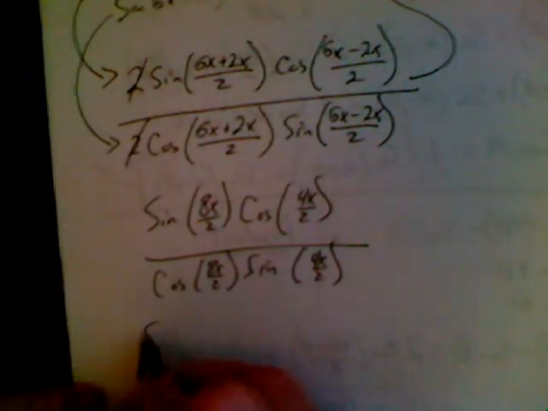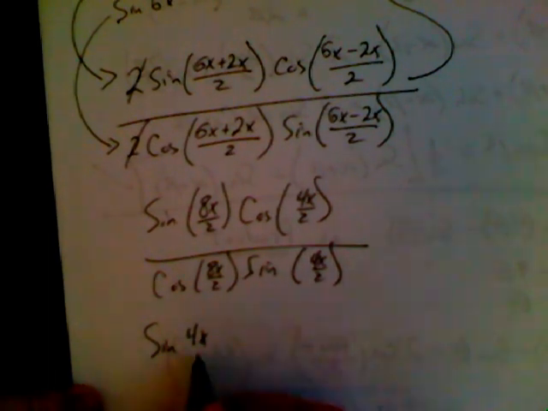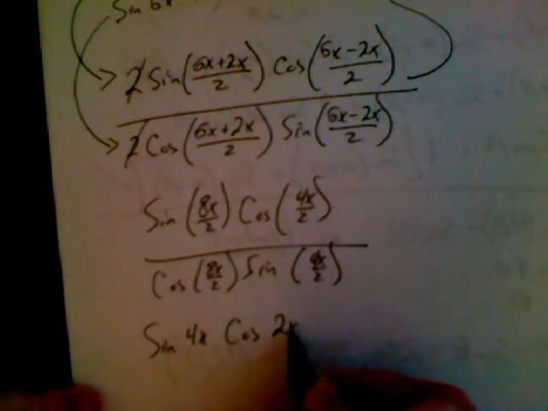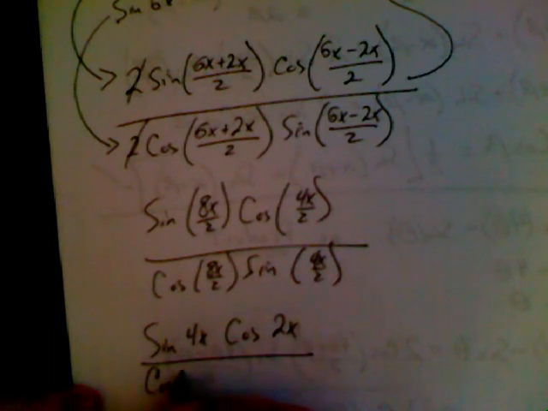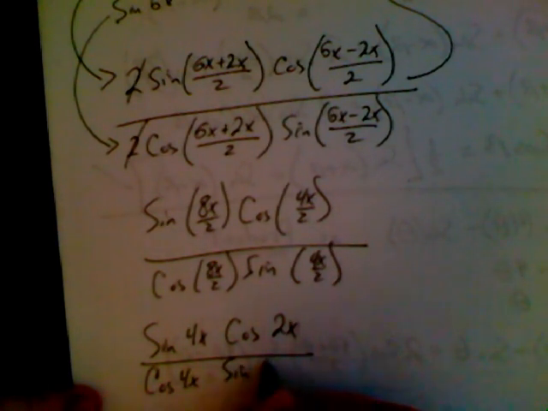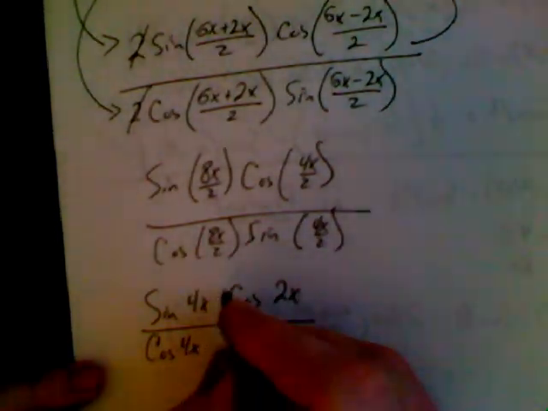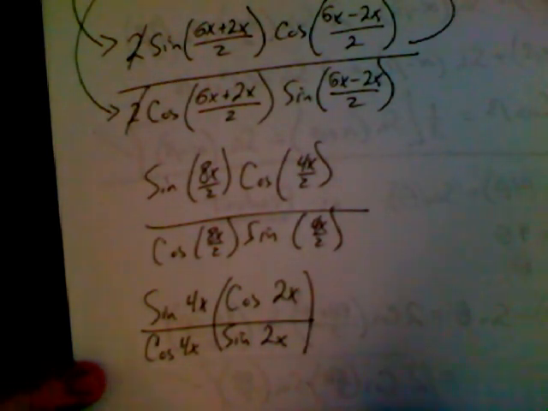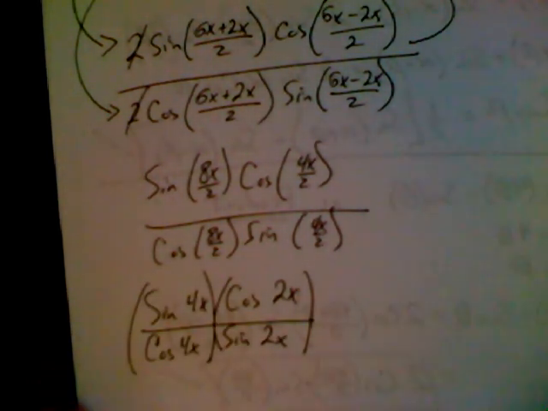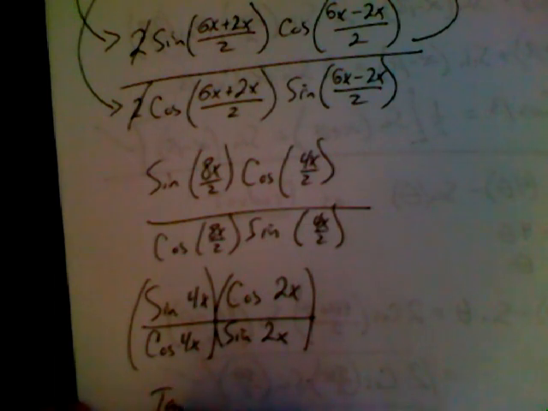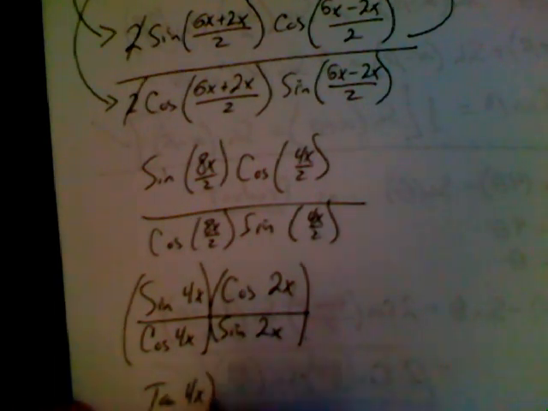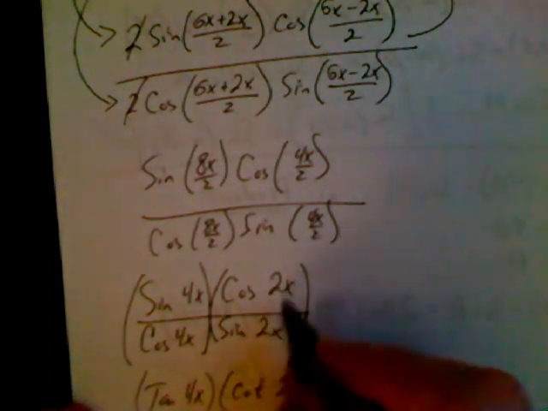I end up with the sine of 4x times the cosine of 2x, divided by the cosine of 4x times the sine of 2x. Wait a second. Isn't that just cotangent? And isn't that just tangent? So this becomes the tangent of 4x, and this other piece becomes the cotangent of 2x, because the angle measures match up.